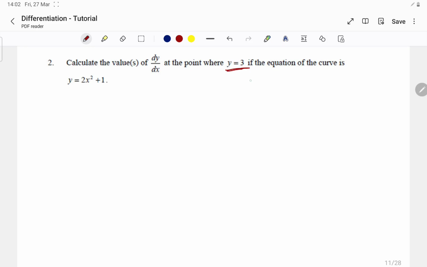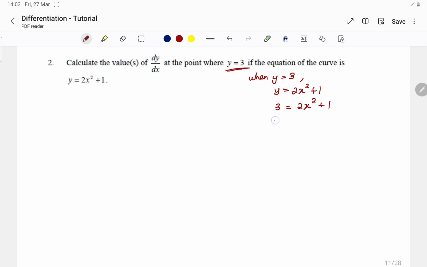So when y is equal to 3, we have y is equal to 2x square plus 1, right? When y is equal to 3, from here you substitute y inside, and then what you have to do is find the value of x.